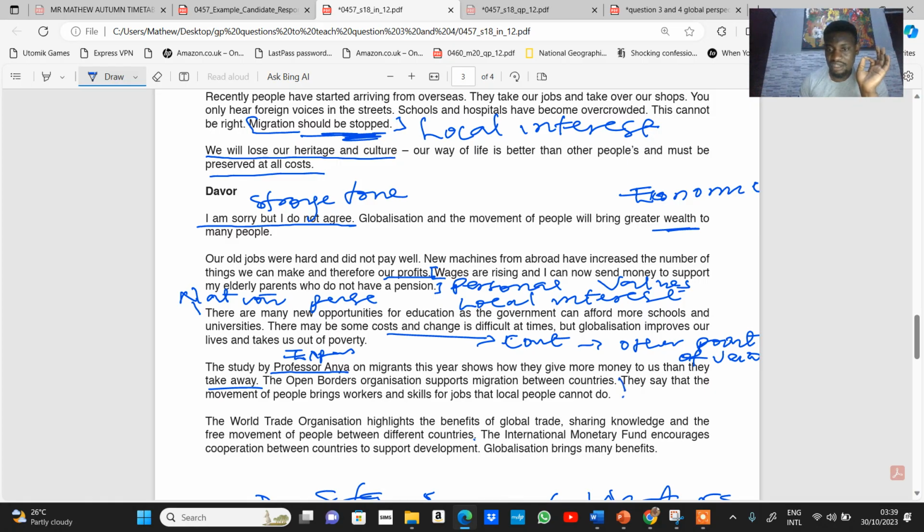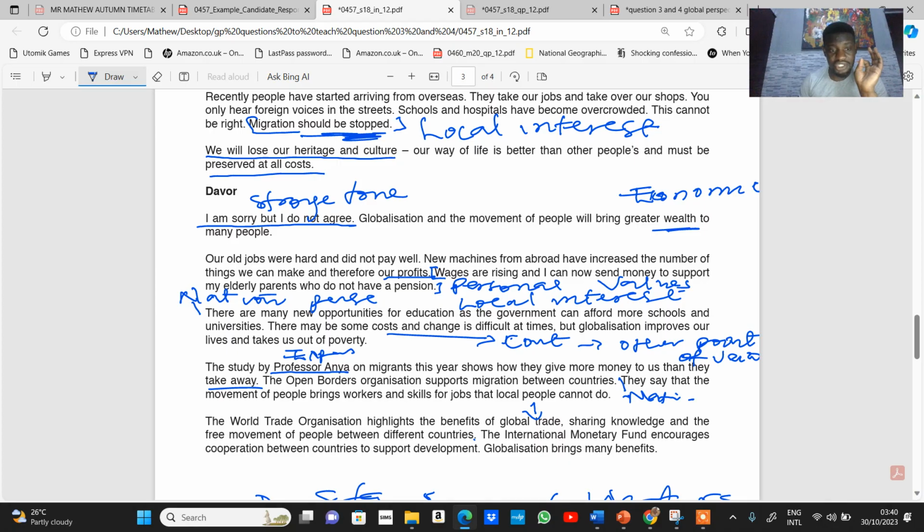So this is still part of national perspective and also moving towards global perspective. Now, they say that the movement of people brings workers and skills for jobs that local people cannot do.